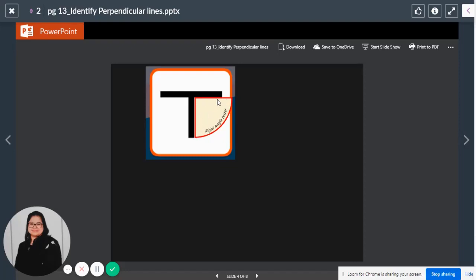Since this right angle tester exactly fits into this angle, it means that this angle which is formed by these two lines is a right angle. So, this line and this line are perpendicular lines.